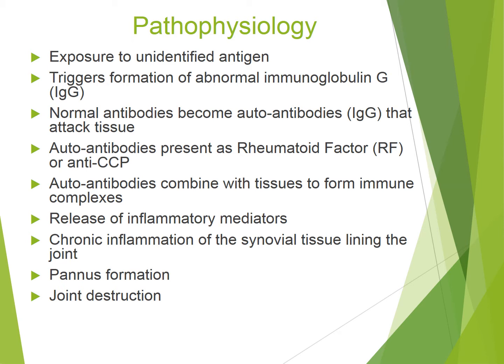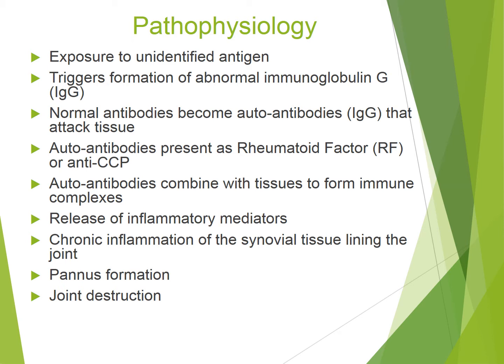So see how you have to dig this out? Your book's patho is not that good, so what should you have done? Go somewhere else and look it up, okay? Google pathophysiology of rheumatoid arthritis.